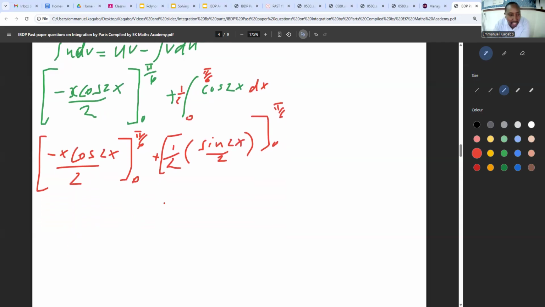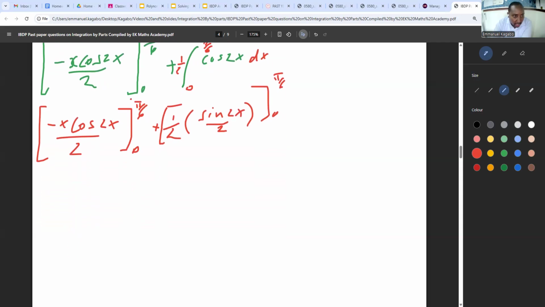What do we do next? Very good. Now, I have to substitute here. I'll get negative pi over 6 cos of 2 times that. That will give me pi over 3, guys, all of this over 2. Now, when I put there 0, this will be 0, right? So everything goes.